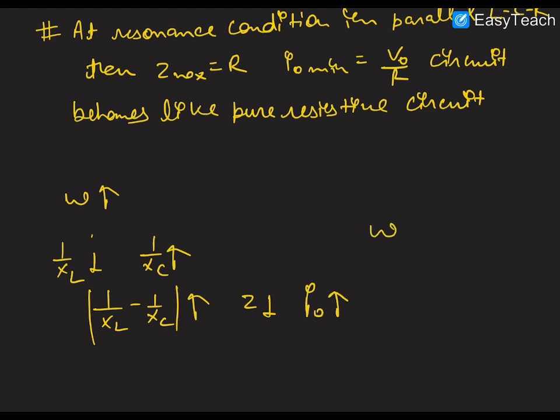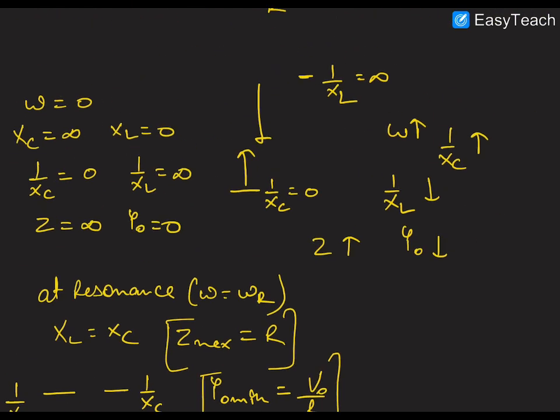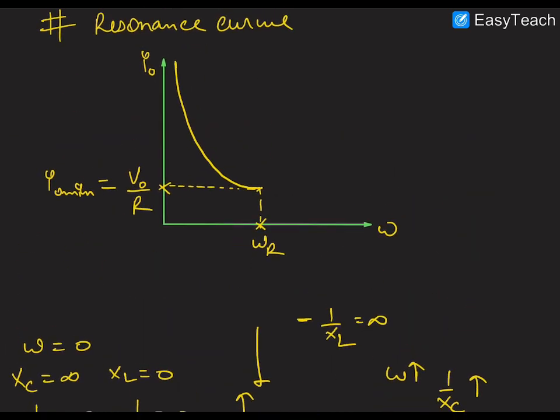And when omega will be infinity, 1 upon XL will be 0, 1 upon XC will be infinity, and Z will be 0 and I naught will be infinity. So this curve will again go to infinity, like this.